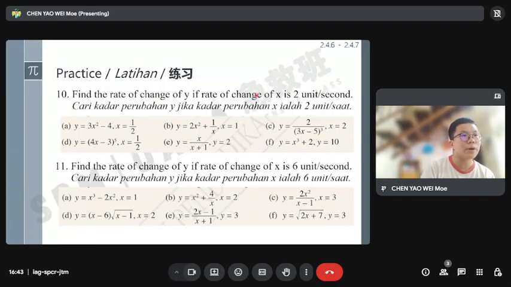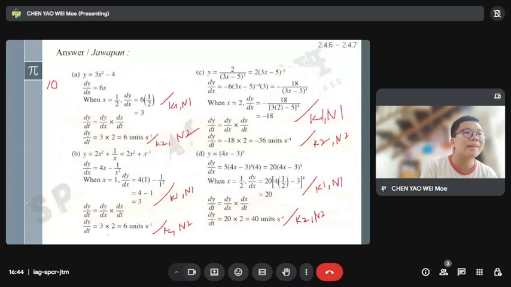What is going on from here? Why did I say delta y, delta x? We need the answer here like this, dy over dx, not delta y over dx.